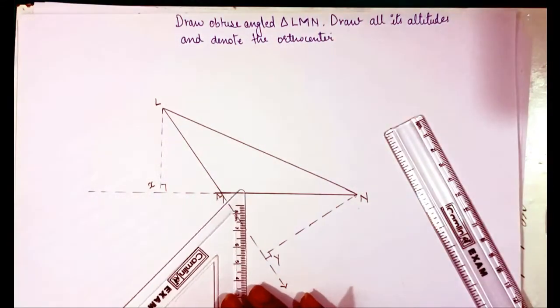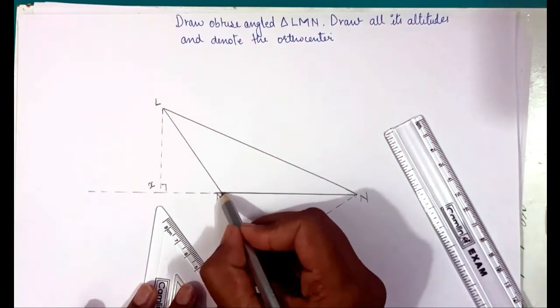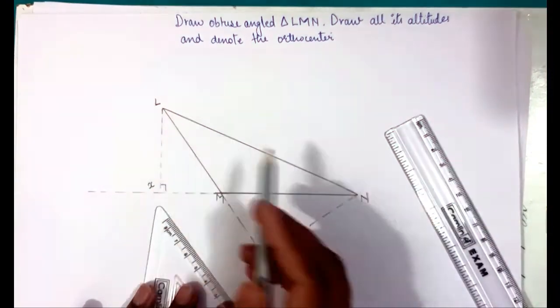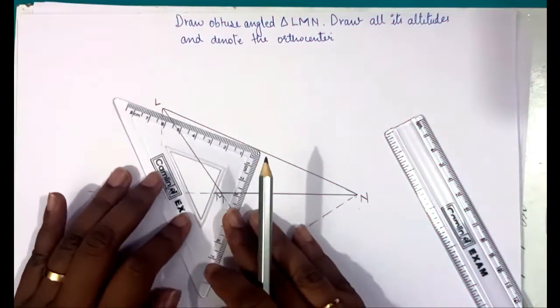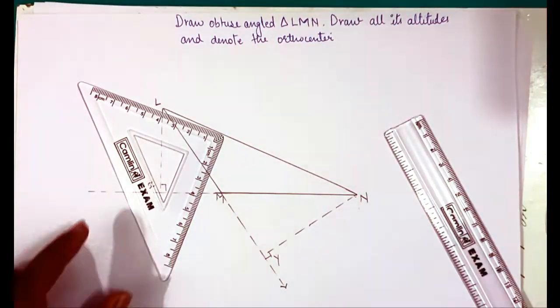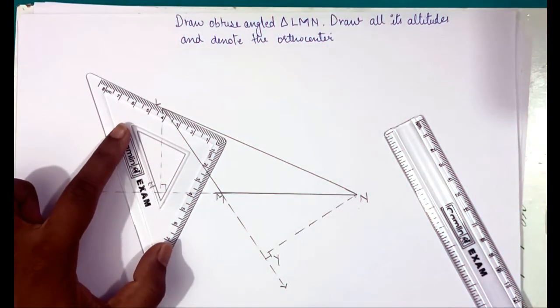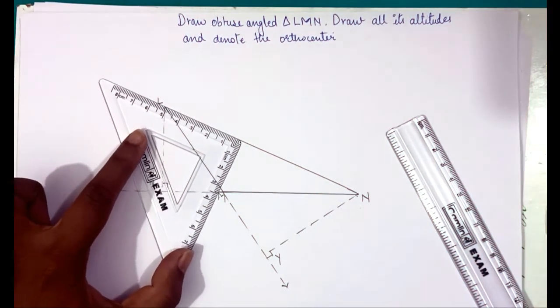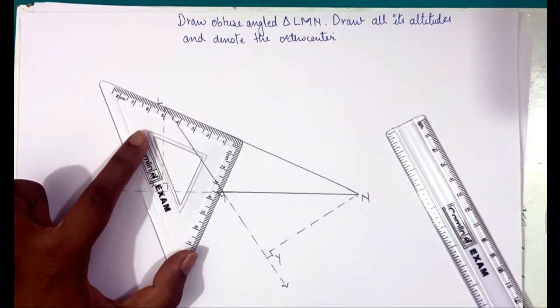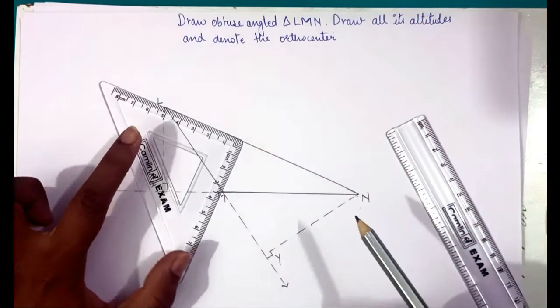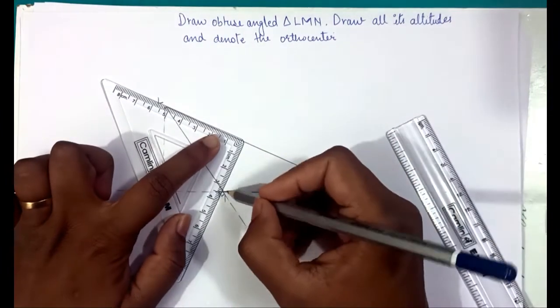Now the last perpendicular we want to draw from the vertex M to its opposite side, LN. Okay, now let us keep our set square like this. Bring it down to the vertex M and now draw your perpendicular.